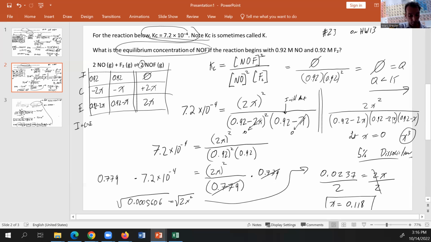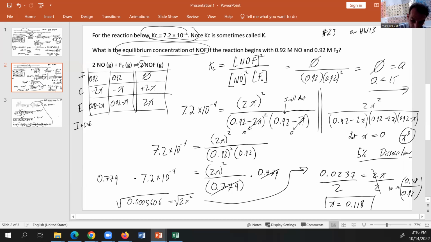So then test that approximation. 0.118 divided by 0.92 times 100. There's a 0 here, I left one out there. And you get 1.3%. So that approximation is valid.